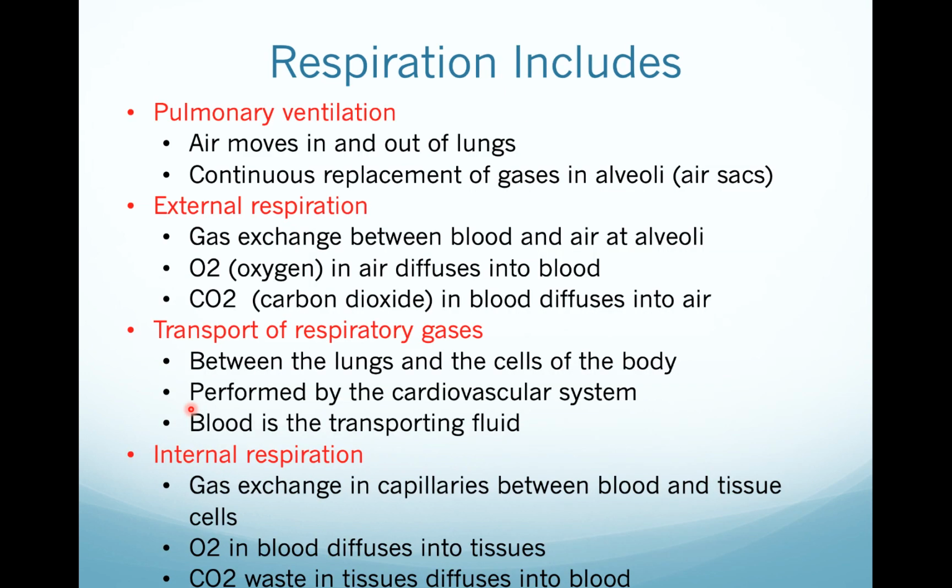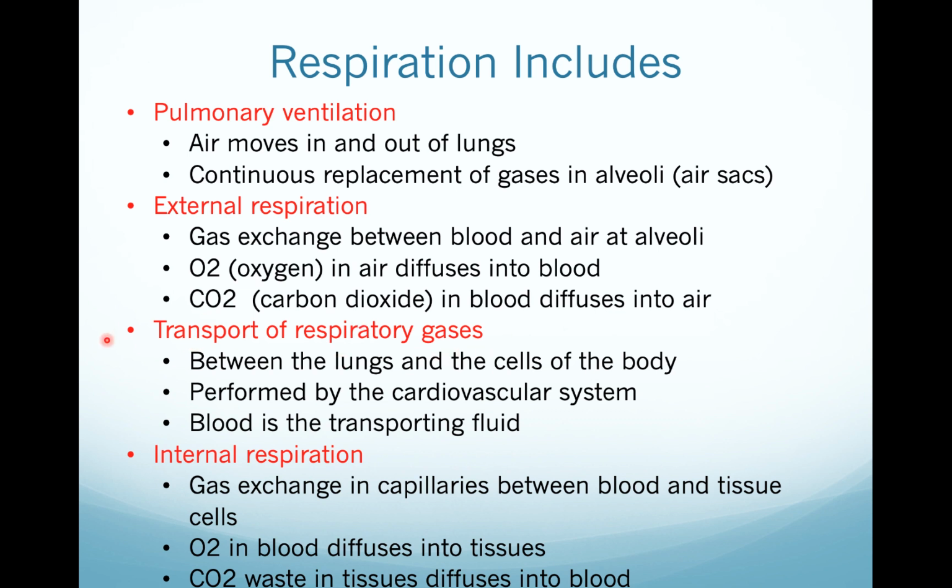Now, respiration itself includes 4 parts. The first one is pulmonary ventilation. This is the physical movement of air in and out of the lungs between the environment and the alveoli. Then you have external respiration, which is the diffusion of gas from the alveoli into the blood and then from the blood back into the alveoli. Then we have the transport of the gas.